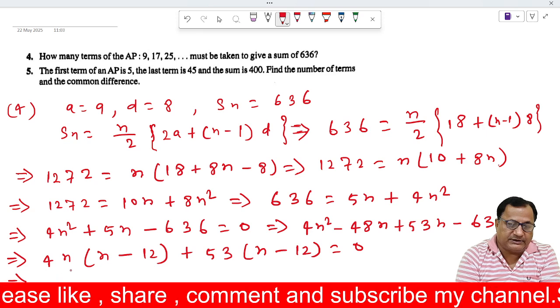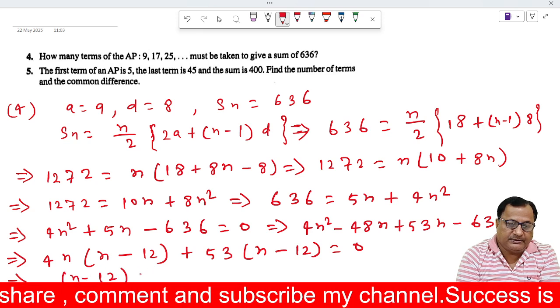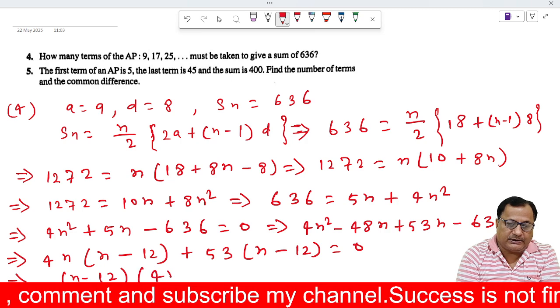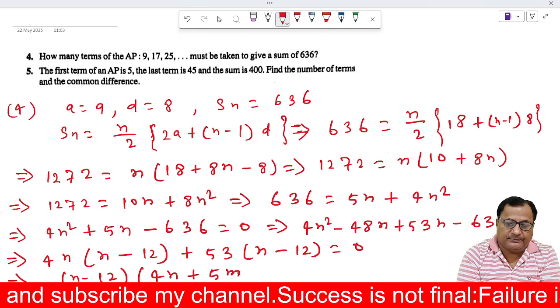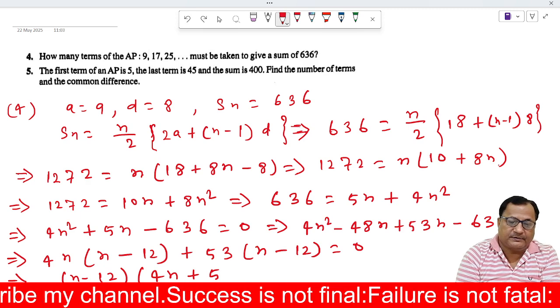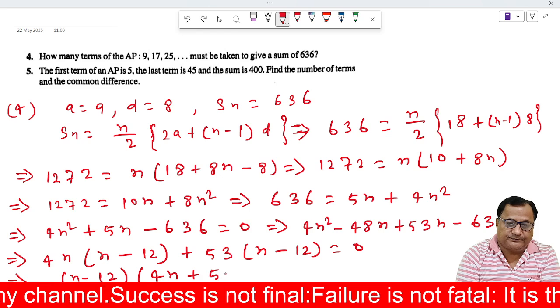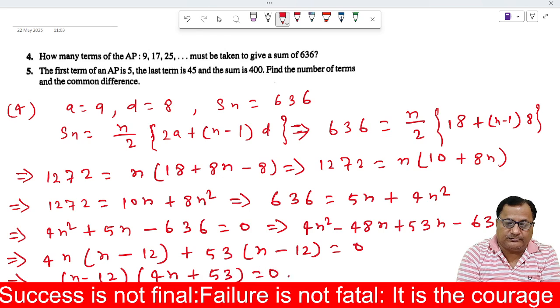Now we take common n minus 12, we get 4n plus 53 equal to 0.